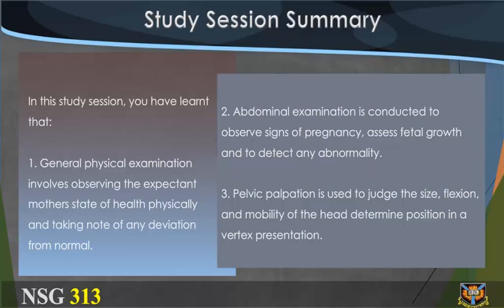Abdominal examination is conducted to observe signs of pregnancy, assess fetal growth, and to detect any abnormality. 3. Pelvic palpation is used to judge the size, flexion, and mobility of the head, and determine position in a vertex presentation. End of study section 14.